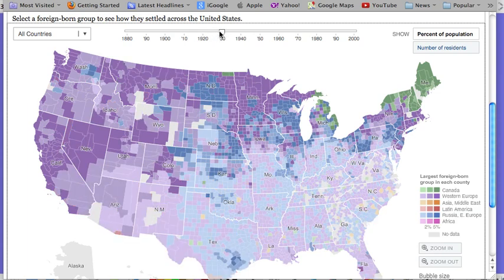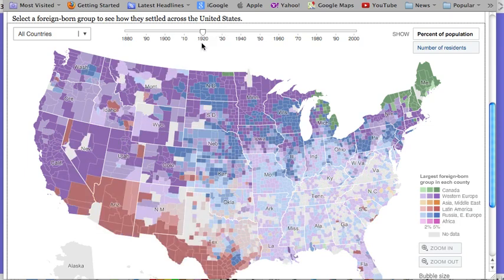And then what's interesting between 1920 and 1930 is that in the 1920s some quota laws were passed. The quota laws were that the people who were allowed to immigrate into the country had to be reflective of the people who were already living in the country.